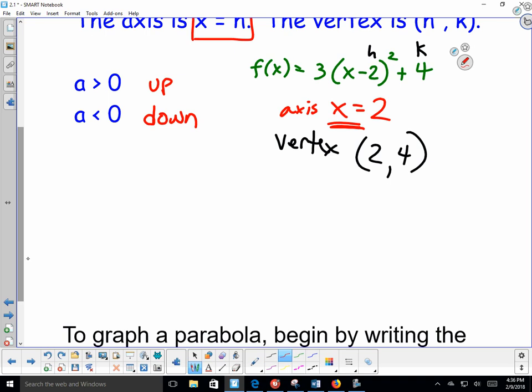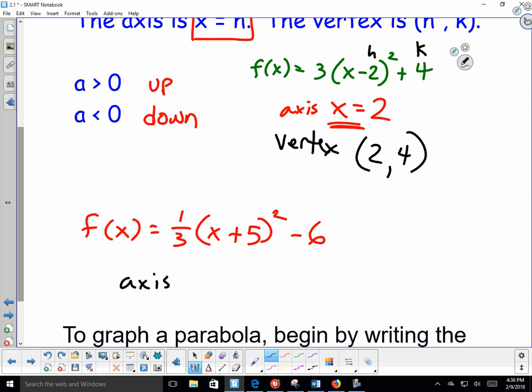Let's look at one more example. For this example, let's say we had f of x equals 1/3 times the quantity x plus 5 squared minus 6. So in this case, the axis of symmetry is going to be x equals, is it going to be x equals 5 or x equals negative 5? Well, remember, the formula is x minus h.